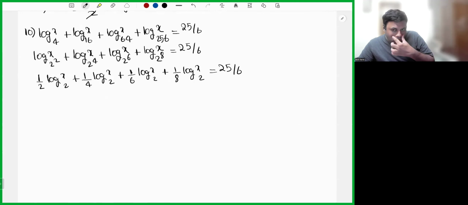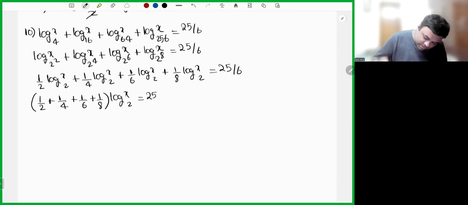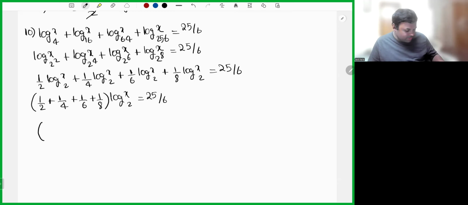Now, can I take log x base 2 common, my dear friends? Yes, sir. So 1 by 2 plus 1 by 4 plus 1 by 6 plus 1 by 8, log x base 2 equals 25 by 6. What is the LCM, sir?